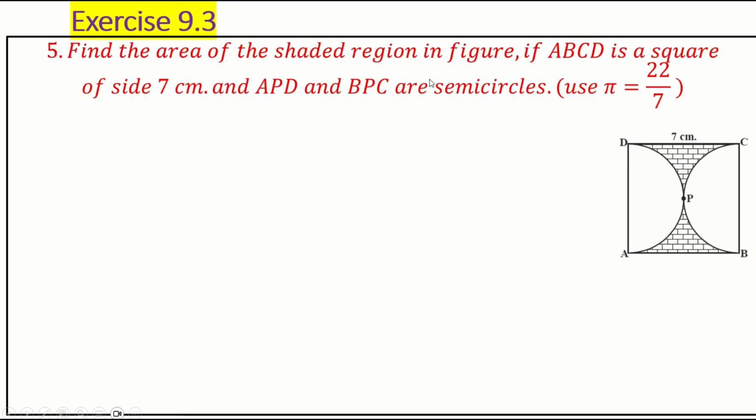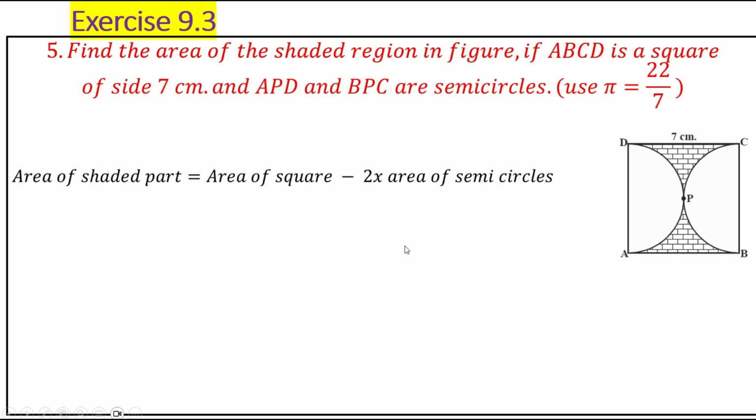Okay. Find the area of the shaded region in the figure if ABCD is a square of side 7 centimeters and APD and BPC are the semicircles. Okay, this is very easy. First find the square area, subtract two semicircles. Two semicircles will be equal to one circle area, correct? So very simple.